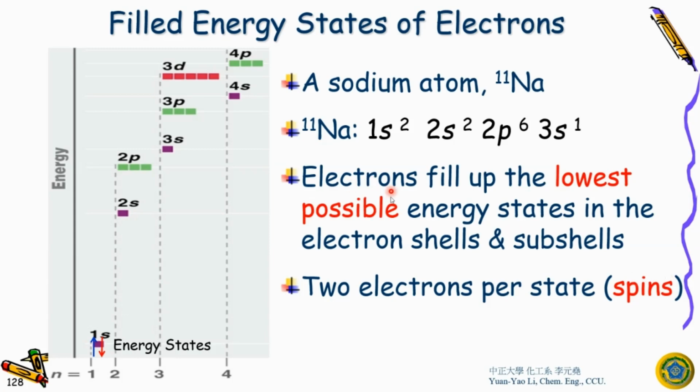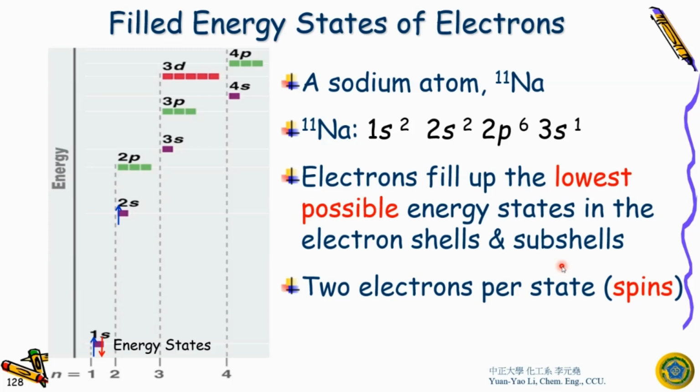And you go to the next one. The second rule is that you fill the electrons from the lowest energy state to the highest energy state. You don't fill electrons in this place, because you still have space in the 2s.